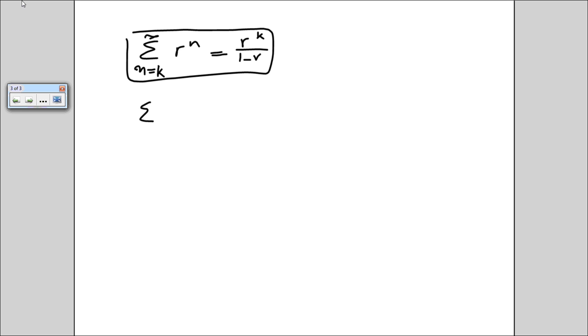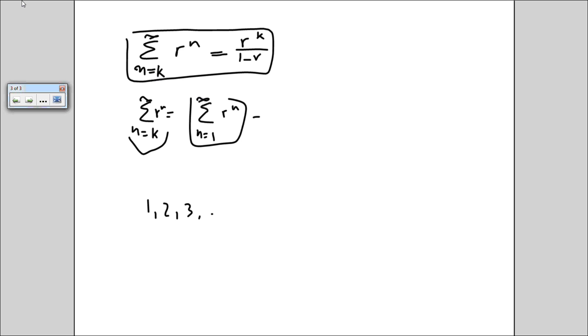Basically, the summation as n goes from k to infinity, you could say that this is the summation as n goes from 1 to infinity of r to the n minus. Now, I only want to go from k to infinity. But so far, I have 1, 2, 3, up to k, the number before k is k minus 1, then k plus 1, forever.